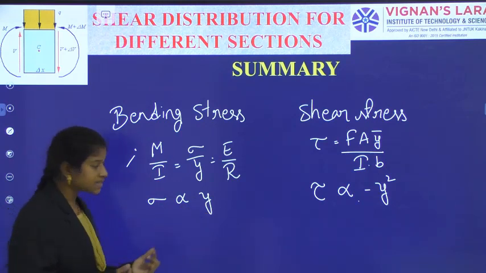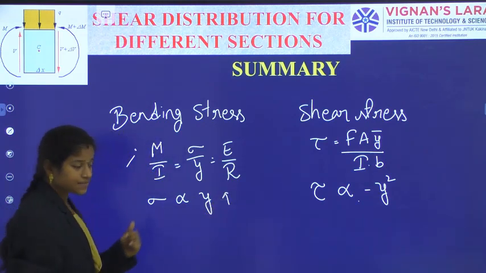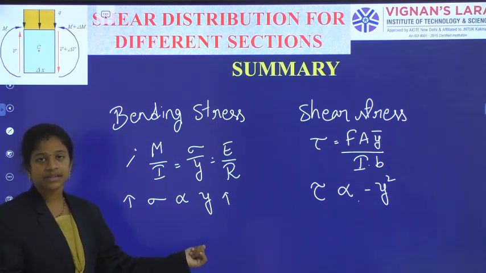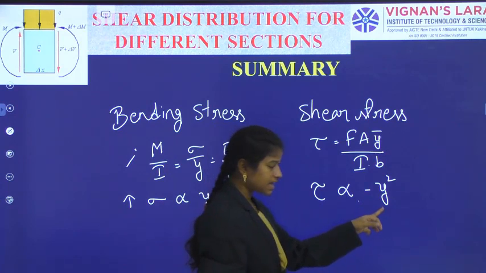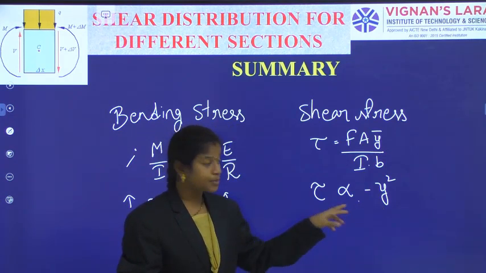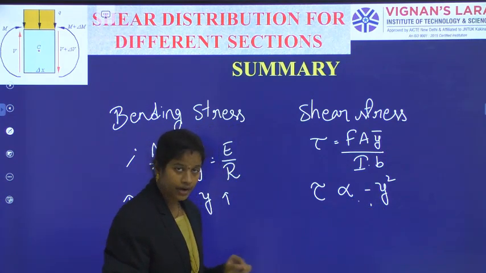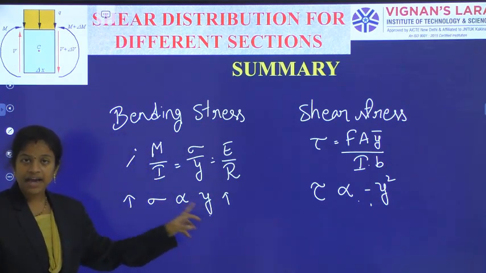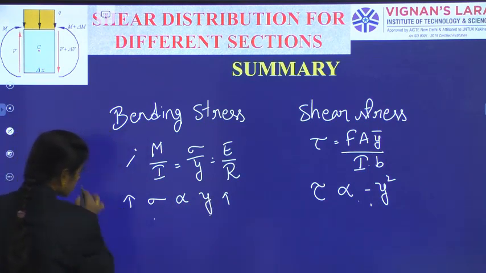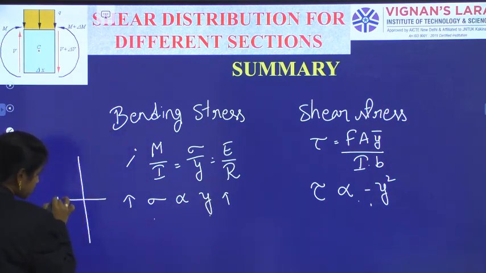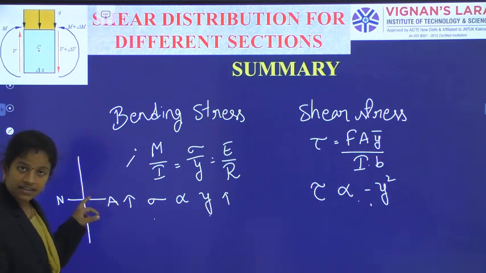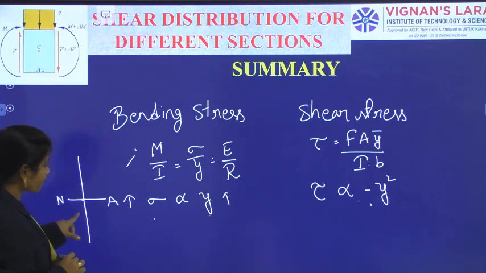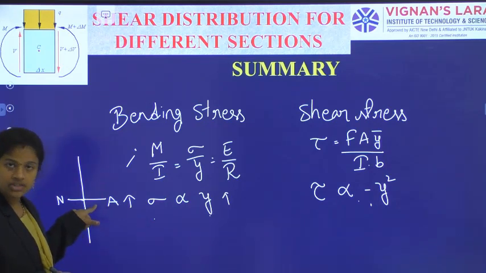Due to this, what is it saying? As Y increases, sigma increases. As Y increases, the corresponding tau decreases because of the negative value. Again, as Y is equal to 0, sigma is 0. Y is maximum, sigma is maximum. So, along the depth, measured from the neutral axis, at Y equal to 0, the neutral axis, sigma is also equal to 0.